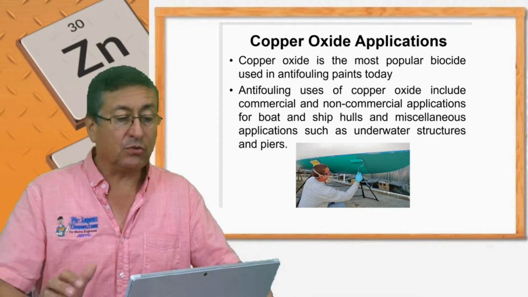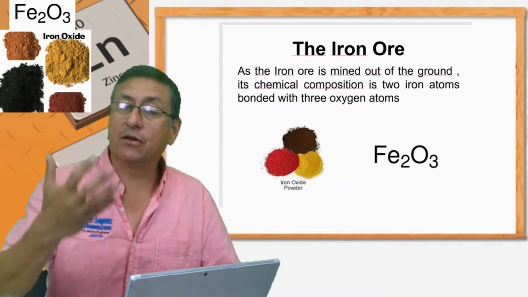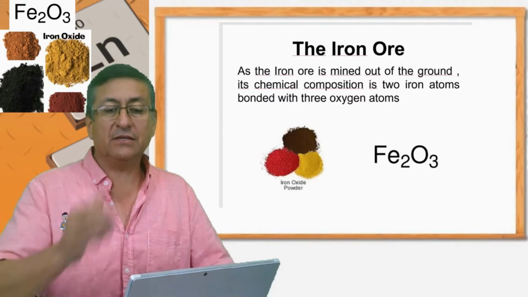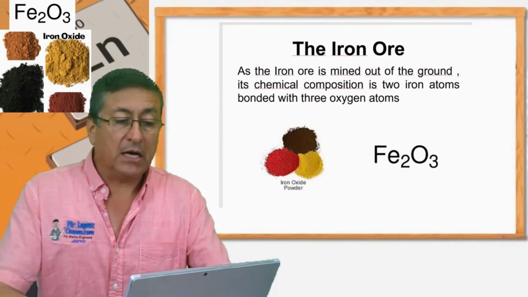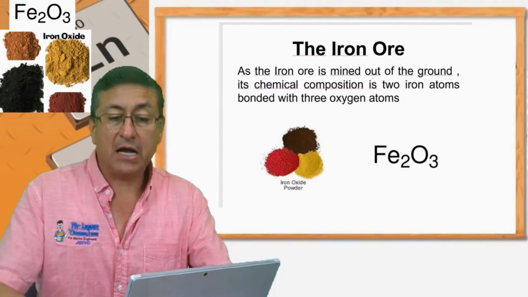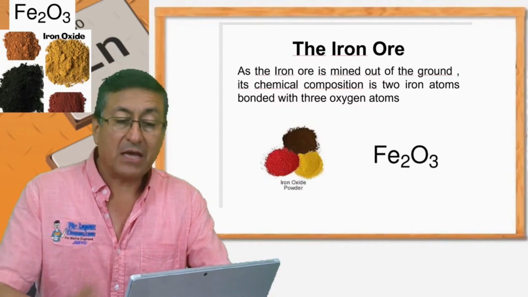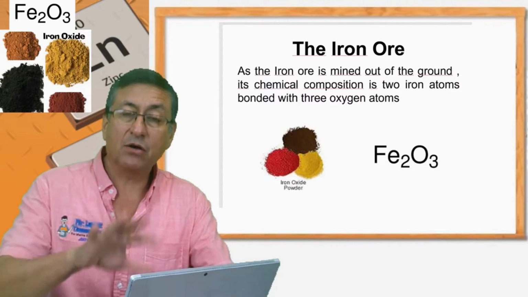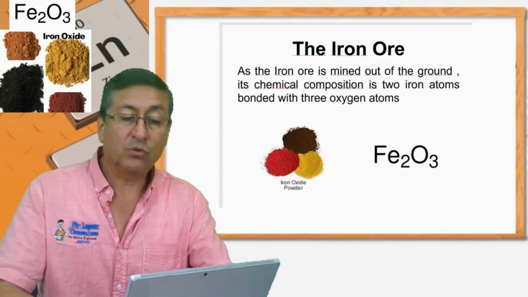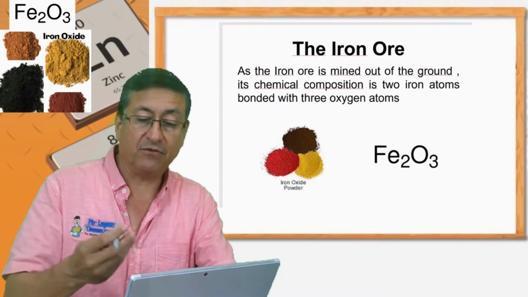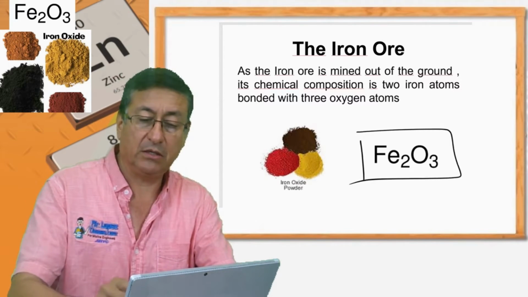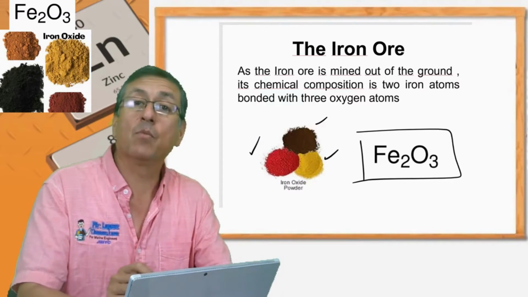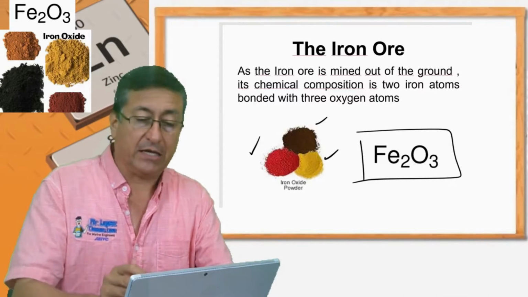Okay, and now we are going to talk about iron and iron oxide. This is the iron ore. As the iron ore is mined out of the ground, its chemical composition is 2 iron atoms bonded with 3 oxygen atoms. You remember that formula? This is the formula that we discovered. Those are the most common iron oxides.